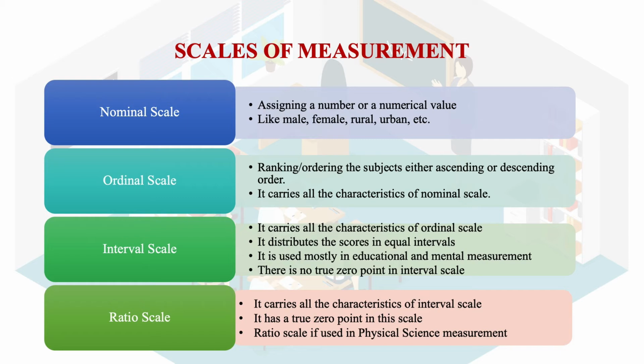We use it in different disciplines of social science, in psychology, in education, mostly in mental measurement. So, friends, when we talk about mental measurement, it may be in terms of different attributes, different variables. It may be intelligence, personality, achievement. You cannot say that a particular student has 0 achievement in a particular subject.